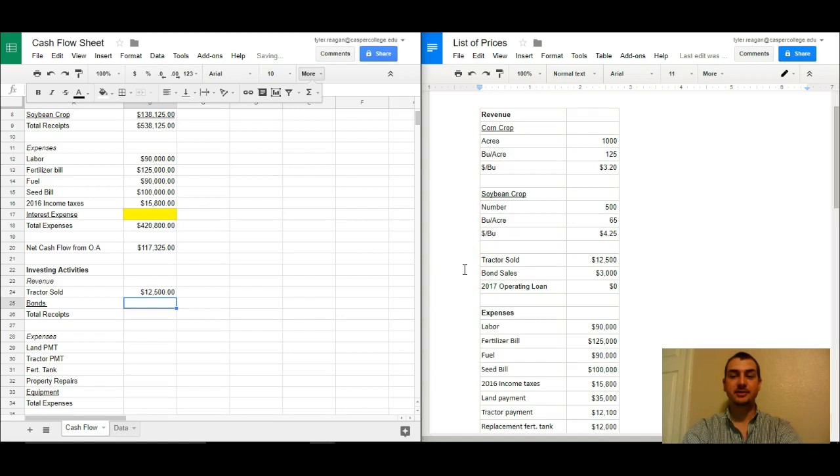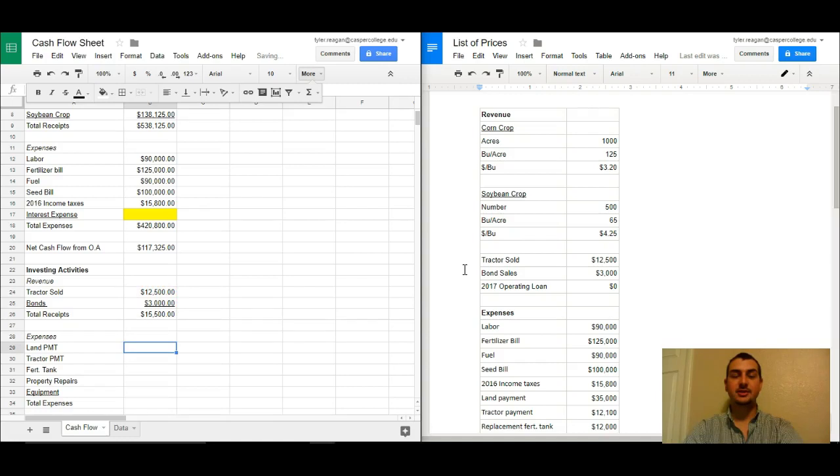We sell some bonds as well. That's a financial asset, so that goes in the investing activities. So that's $3,000. Then again, we need to calculate these total receipts. So that's going to be equal sum. And you're just going to highlight those two cells.